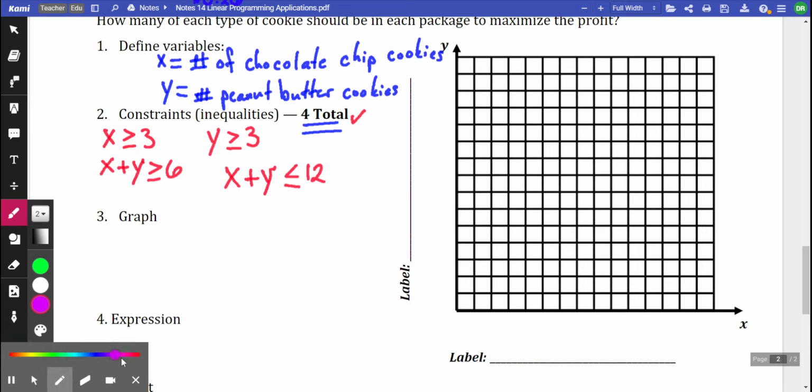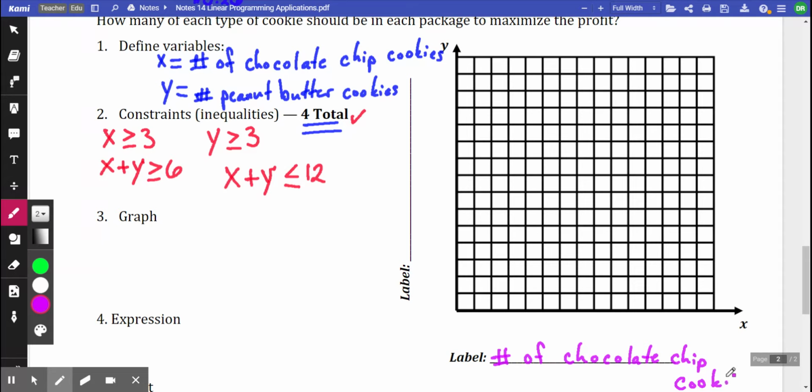For the X-axis, we'll put what X was representing. So down here, this would be your number of chocolate chip cookies. Okay, and for the Y-axis, we have our number of peanut butter cookies.